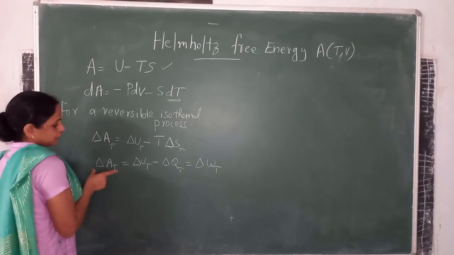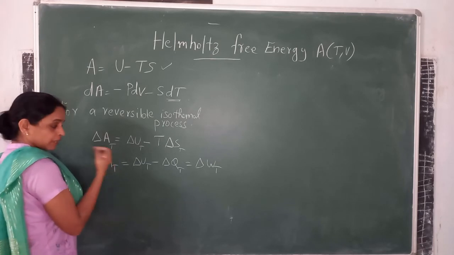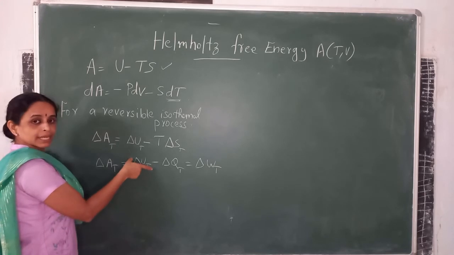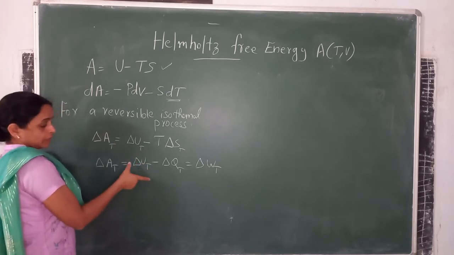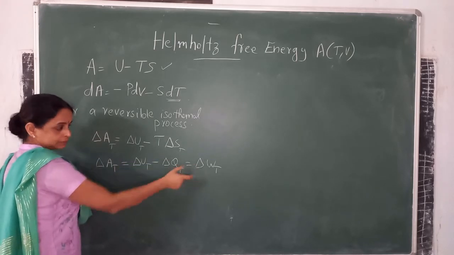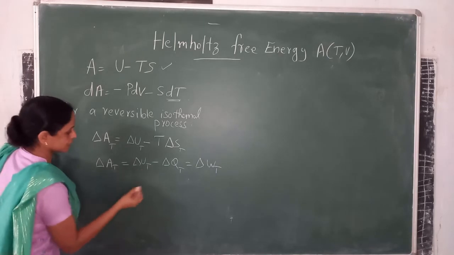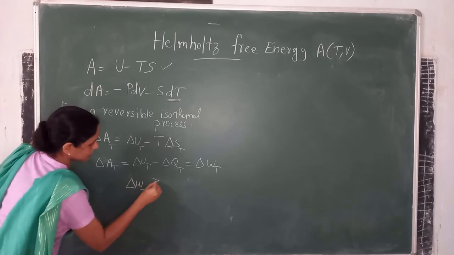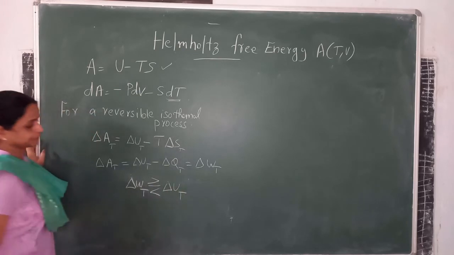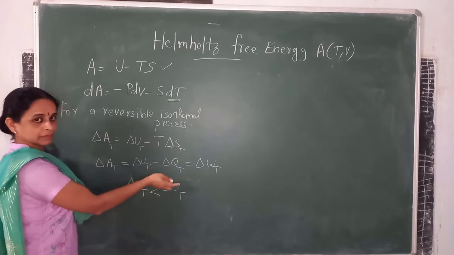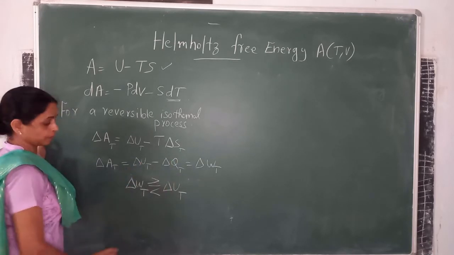If work is done by the system, its internal energy will decrease, but this decrease is not exactly equal to the work done. So we can write three conditions: delta WT can be greater than, equal to, or less than delta UT, depending on whether delta QT is less than, equal to, or greater than 0.